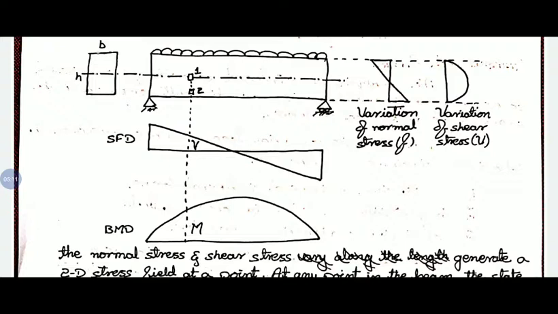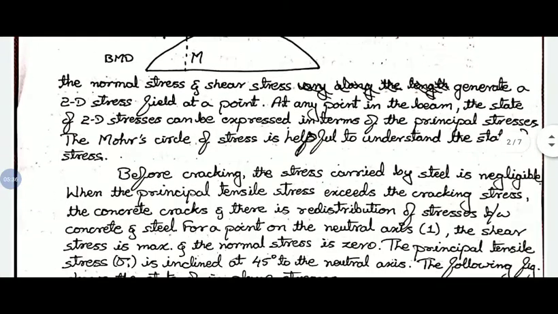For example, if you observe the figure, we have considered an element on the neutral axis and we consider it as 1. In that element, the shear stress is maximum and the normal stress is 0. The principal tensile stress will be inclined at an angle of 45 degrees with respect to the neutral axis. For that we have one more figure.